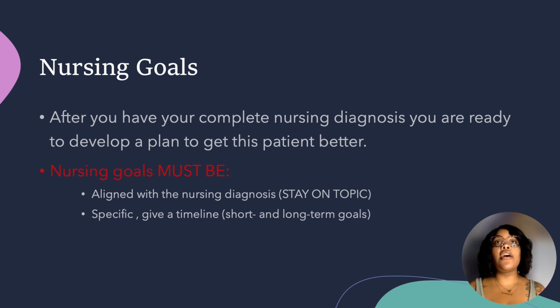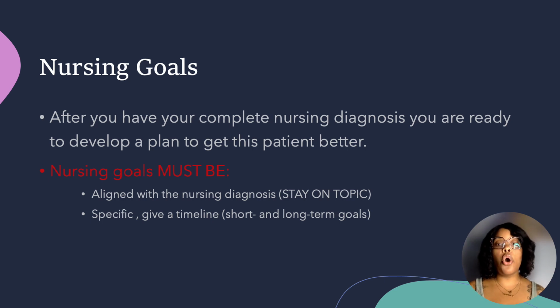So if our nursing diagnosis is impaired swallowing, we don't want our nursing goal to be patient will maintain O2 stats of 95. What does that have to do with impaired swallowing? Nothing. So you want to make sure that your nursing goals are aligned with your nursing diagnosis, and you want to be specific, right? And you want to give a timeline, whether your instructor is requiring you to do both short-term and long-term goals, but just make sure you go off of what your instructor has said.